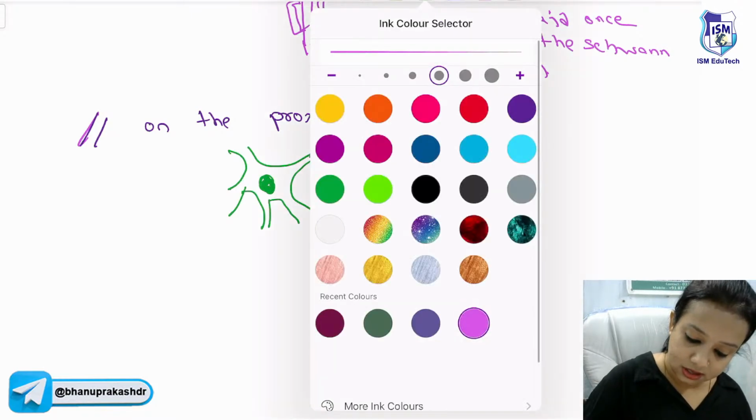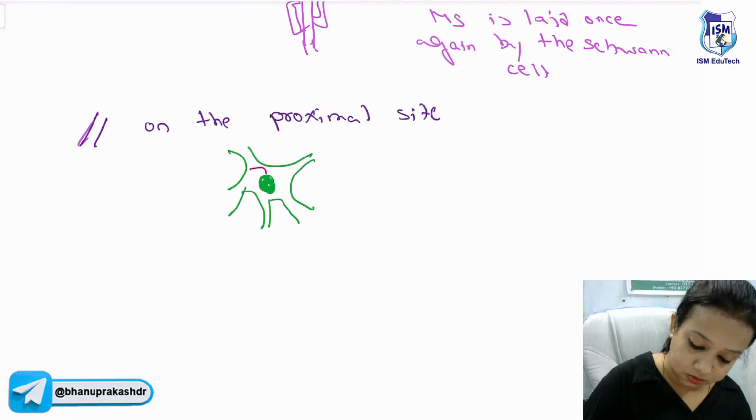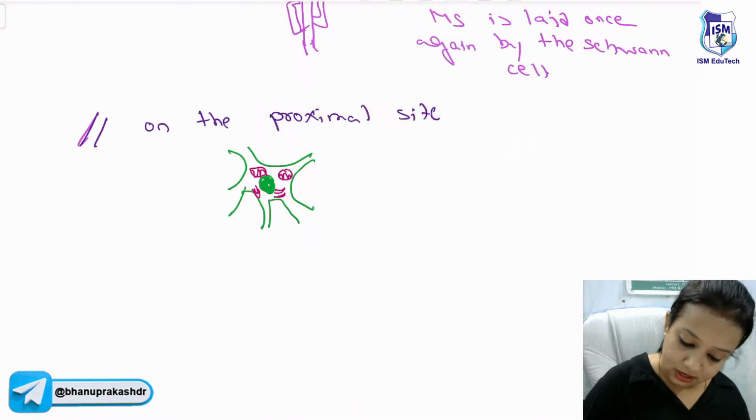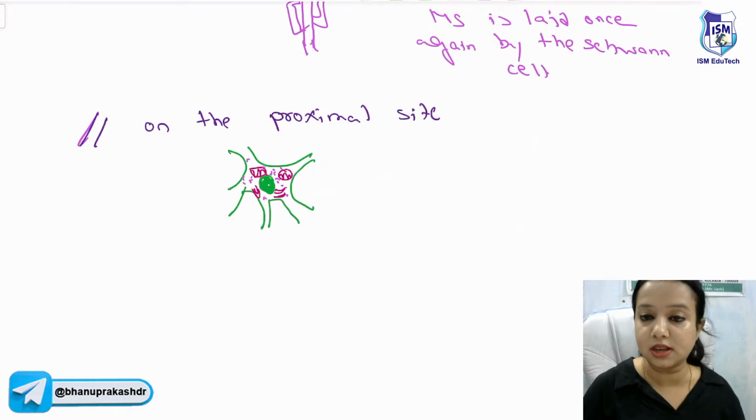Once again, there is appearance of the mitochondria and also the Golgi apparatus, and also the Nissl granules, which are dispersed in the cell body.